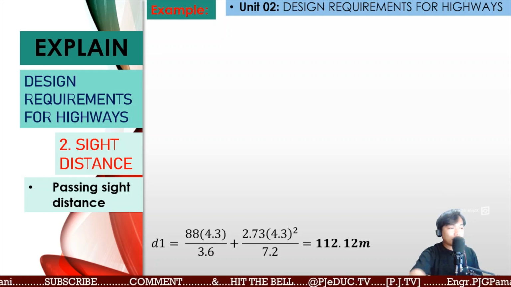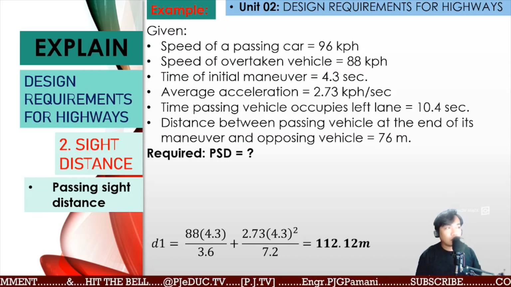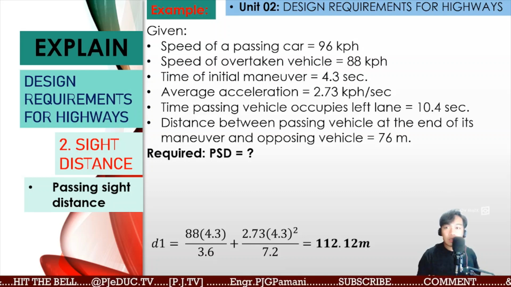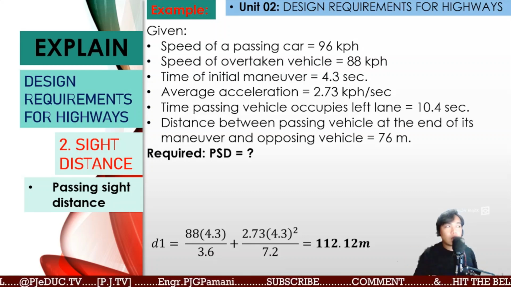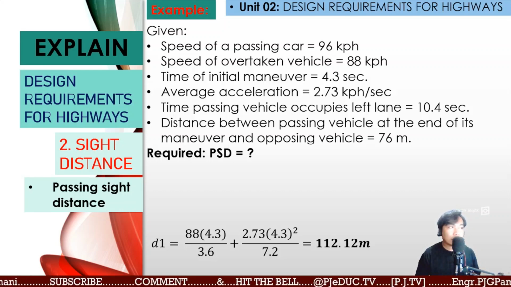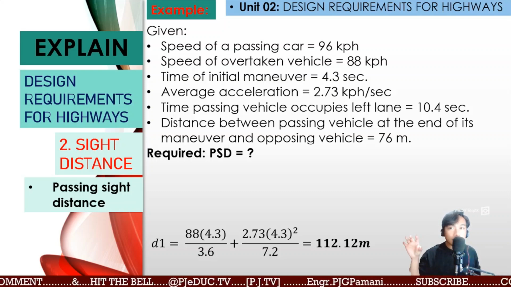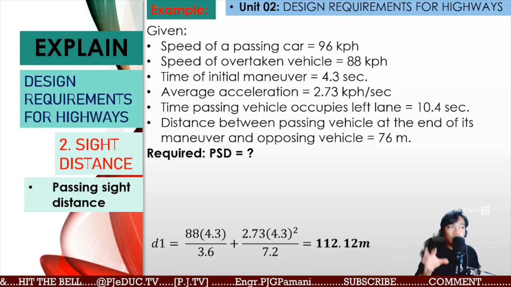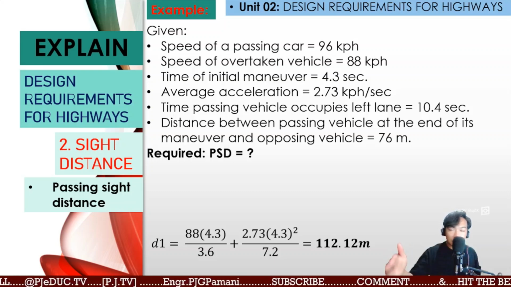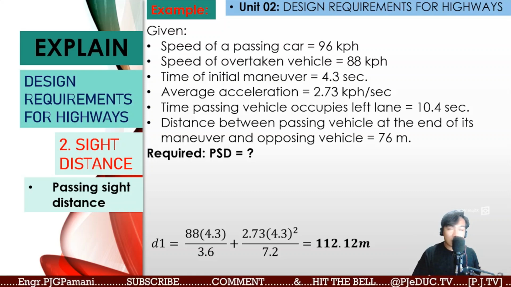Now, as an example, nagkamali ako sa animation. As an example, we have here the given speed of a passing car. Yung ating V1 is your 96 kph, kilometers per hour. Speed of our overtaken vehicle is at 88 kilometers per hour. So, ito yung mag-overtake at yung i-overtake. Time at initial maneuver of our overtaker is 4.3 seconds.